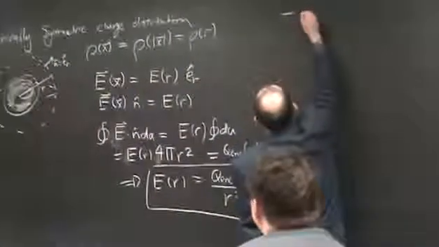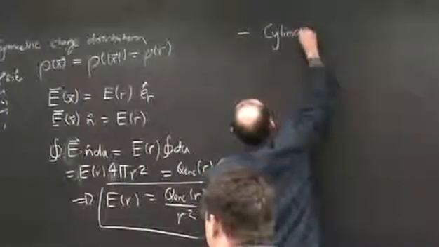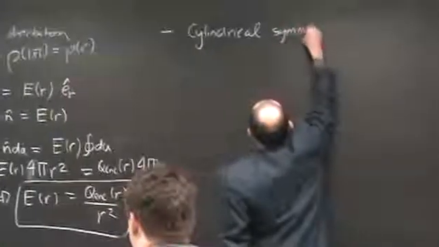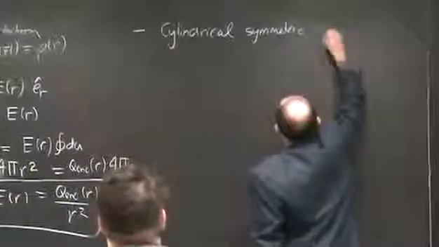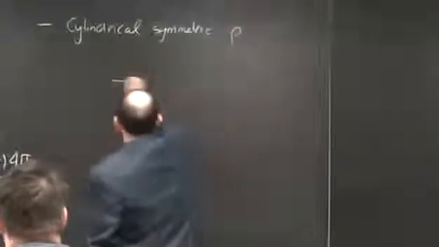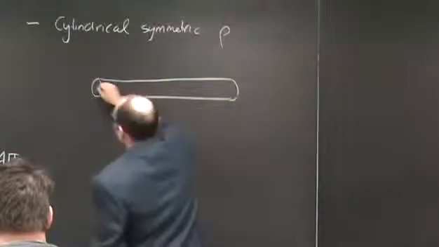Similarly, if we have a cylindrically symmetric rho, so we have some kind of charge distribution that has a cylindrical symmetry.